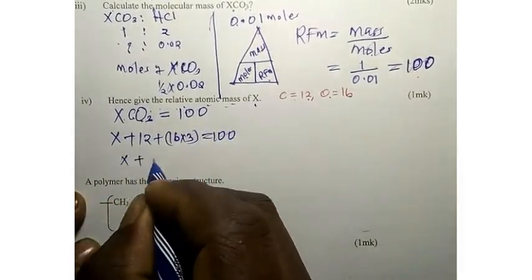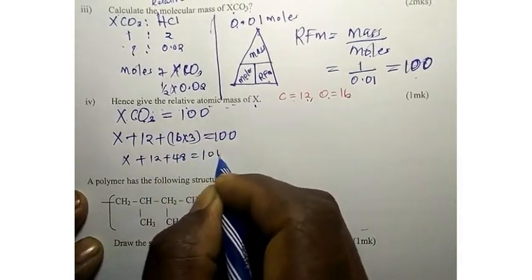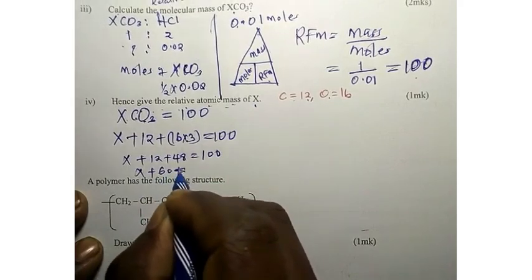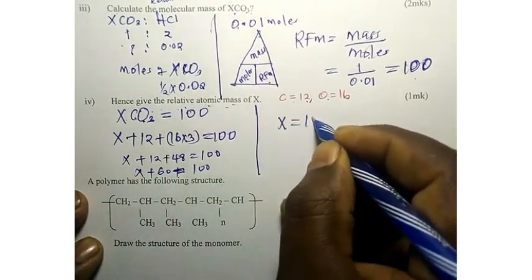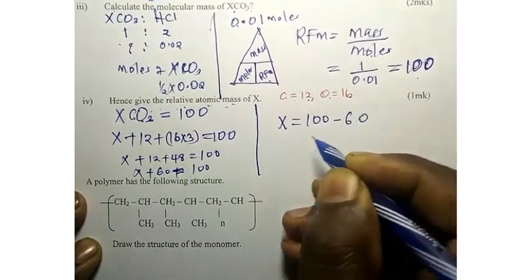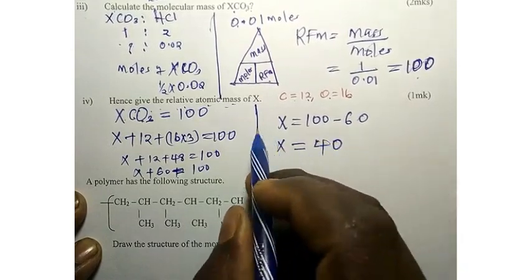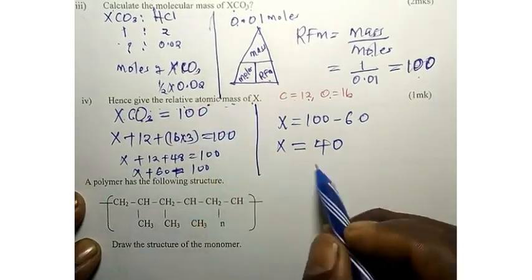X plus 12 plus 48 is 100, so X plus 60 is equal to 100. It means X is 100 minus 60, which is 40. Therefore, the RAM of X is 40.